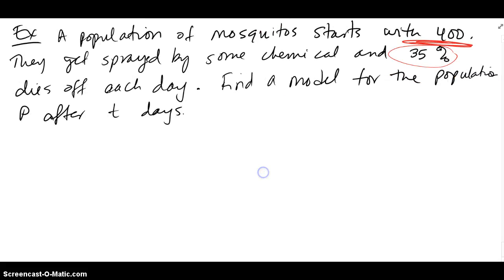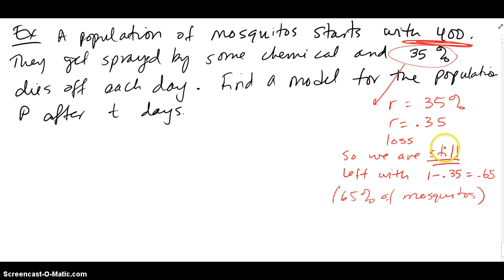This is going to be one of those cases where they're giving me the R to be 35%, or R equals 0.35 in decimal form, and this is the loss each day. So this time, since there's a loss, I do 1 minus R. R was given to me, and 65% of mosquitoes still remain as the days go by.